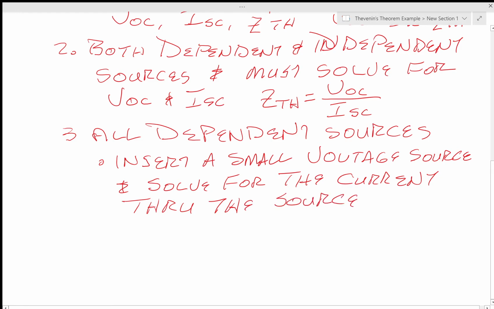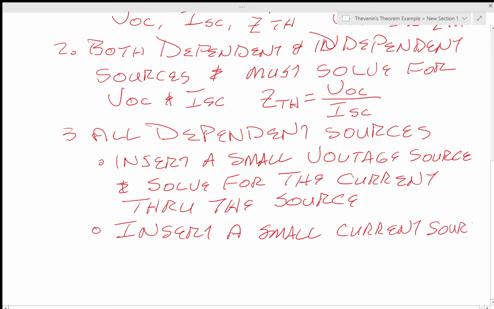Or the second way is you insert a small current source, and you solve for the voltage across the current source.